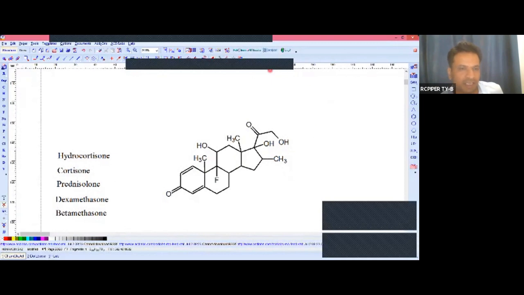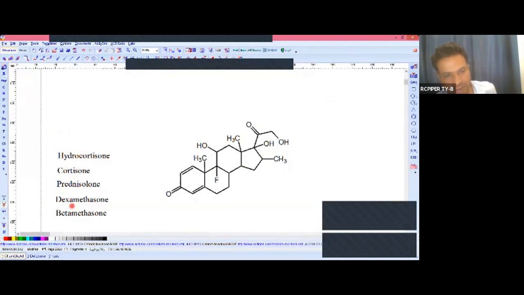So in this way you can start with hydrocortisone, convert to cortisone, then construct this structure by inserting an extra double bond in the A ring. You can go to prednisolone, and at the same time you can go back to hydrocortisone type 11 hydroxyl group, and from prednisolone it is very easy to form the structures of dexamethasone and betamethasone.